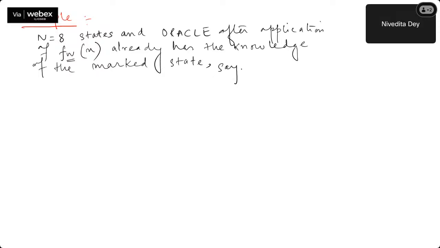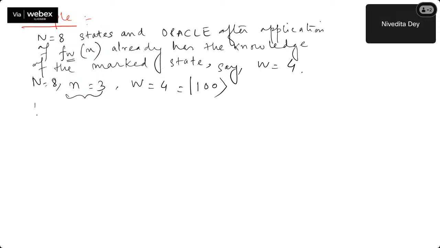Okay, so say W is equal to 4. That is, for n equals 8 number of states, meaning 3 qubits, W equal to 4 means I have to write it in this form, which is 100. So W or the marked item is 100.